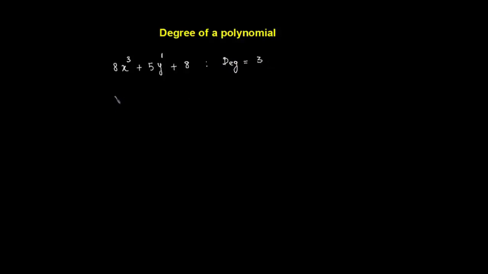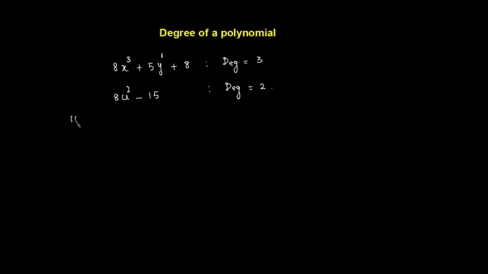Consider another example. 8u square minus 15. Here you can see that u is a variable and has been raised to the power 2, and this is the highest power in this expression. Therefore, the degree is 2.